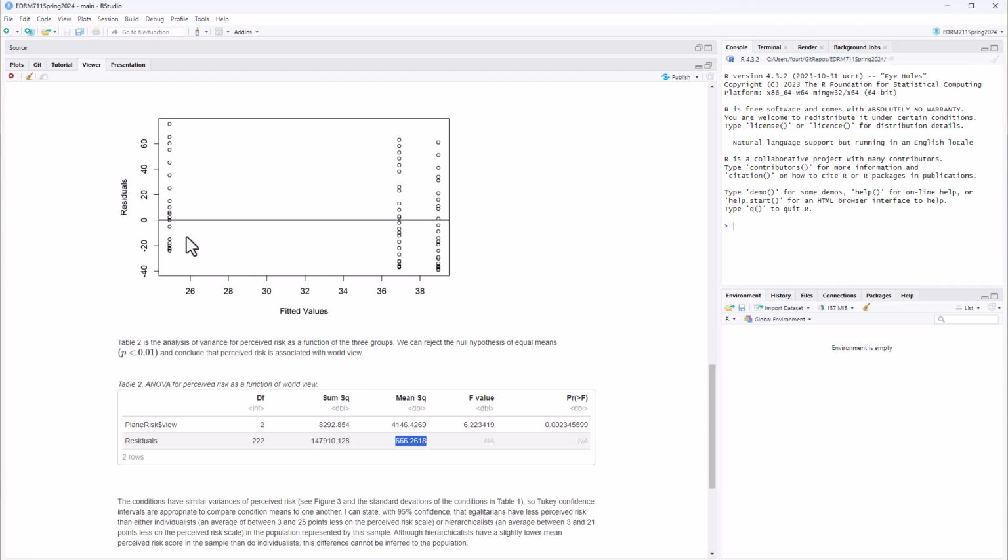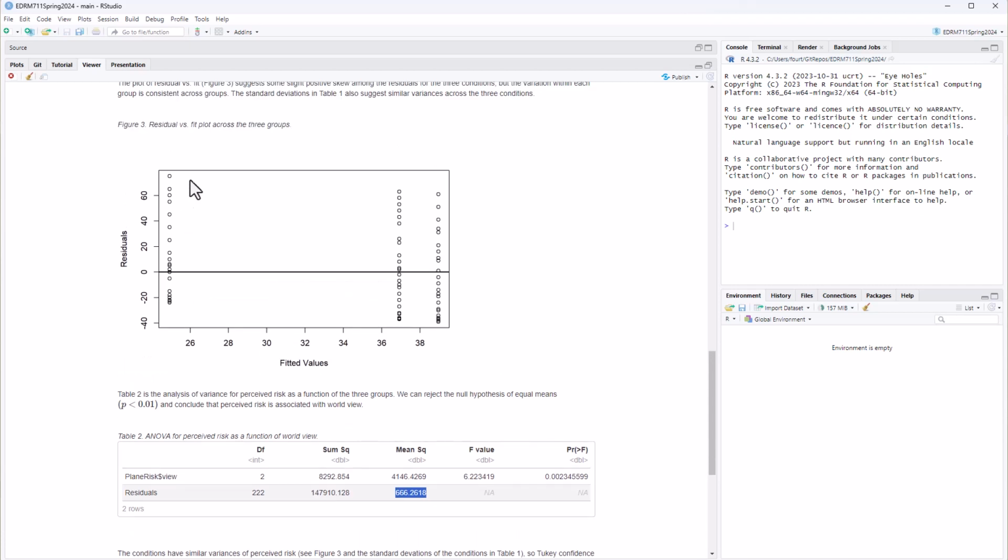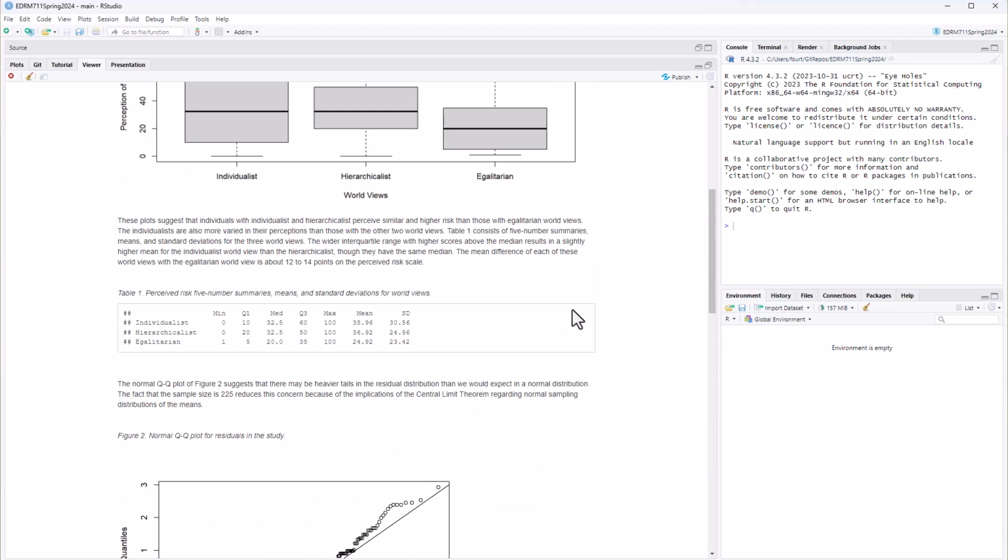This is pictured in this residual versus fit plot among the three groups, in which we're looking at the variation of the first group, the variation of the second group, and the variation of the third group, and those variances should be similar. Back up here, we see fairly similar standard deviations. Squaring those would give us our variances, and people use different rules of thumb about how close is close enough.